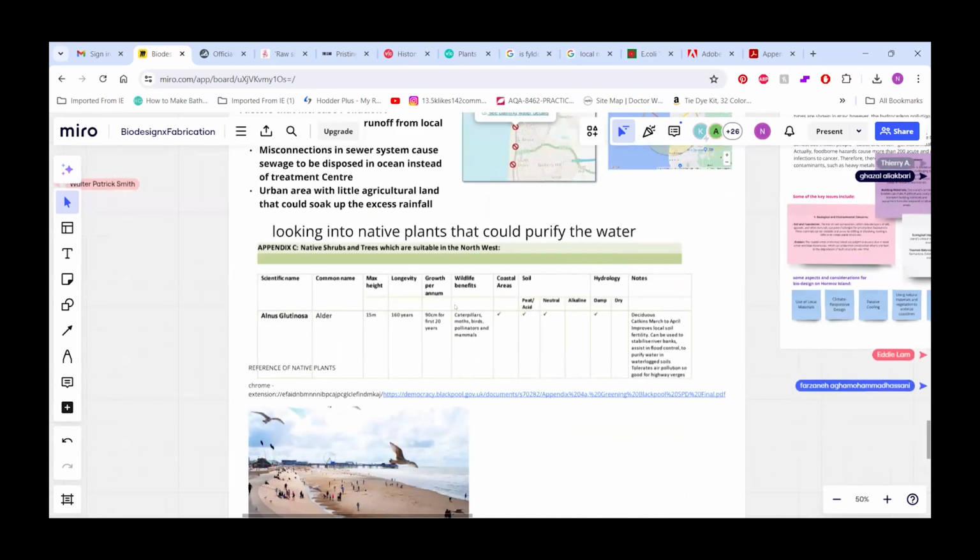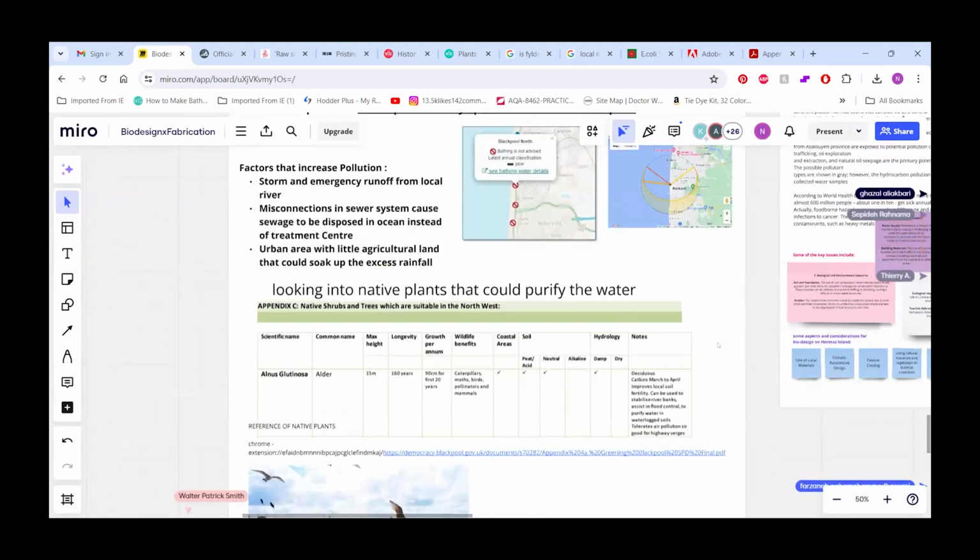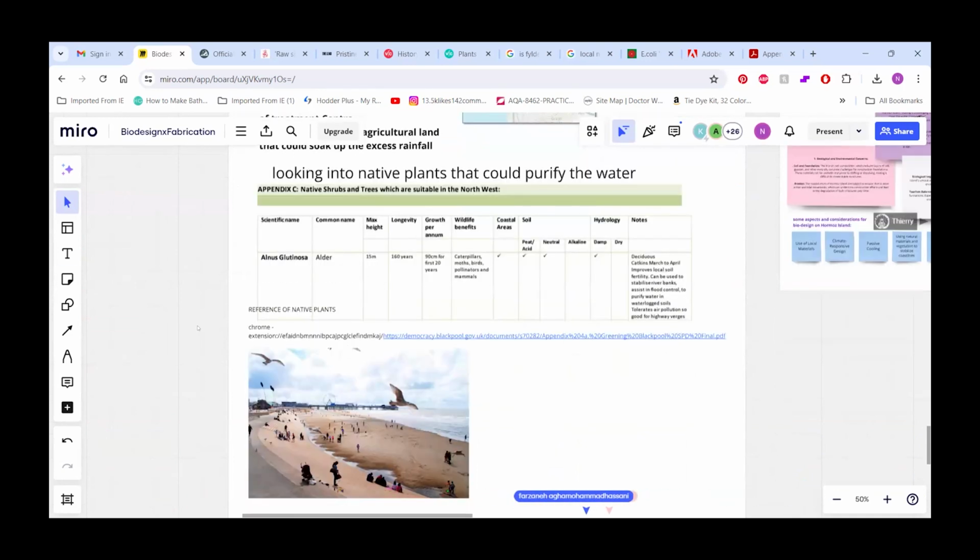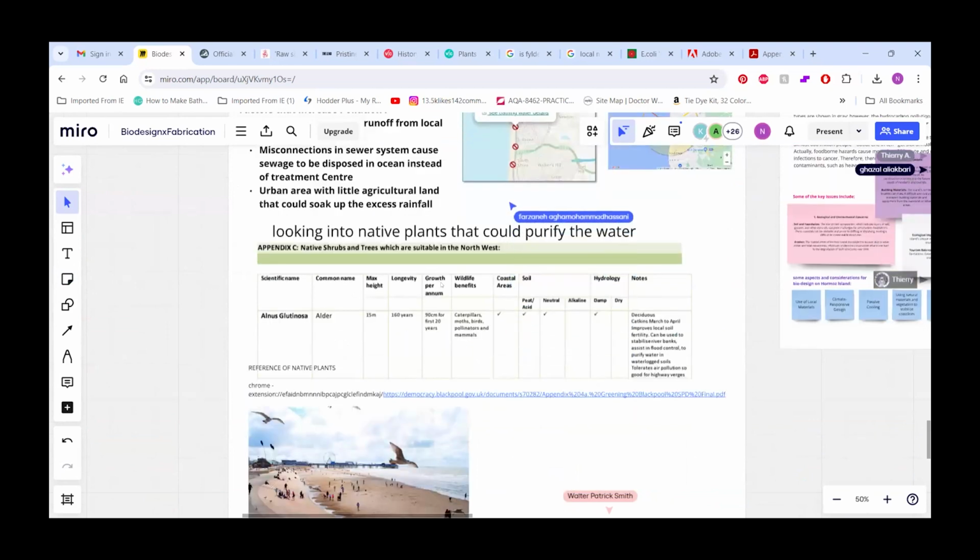We want to look further into native plants that could purify the water, as we couldn't block the runoff. It would be unreasonable to suggest blocking off such runways. So we as a group have been looking into native plants, and this is from the Planning Council of Lancashire.